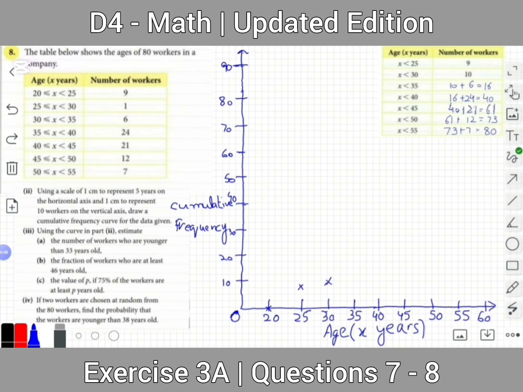For x less than 35, we have the cumulative frequency 16. For x less than 40, we have the cumulative frequency of 40. For x less than 45, we have the cumulative frequency of 61.